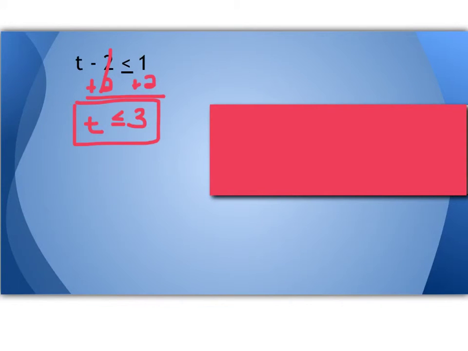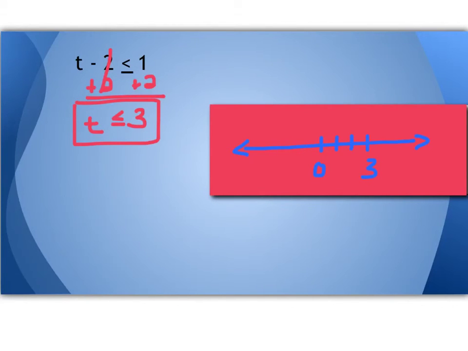Now that's my solution, and I need to graph it on a number line, but this time we didn't give you a number line. So you can always do your own. Doesn't have to be very particular, but draw your number line. I would put 0 in the middle, and then put the answer to the inequality, which is 3, and just 1, 2, 3.